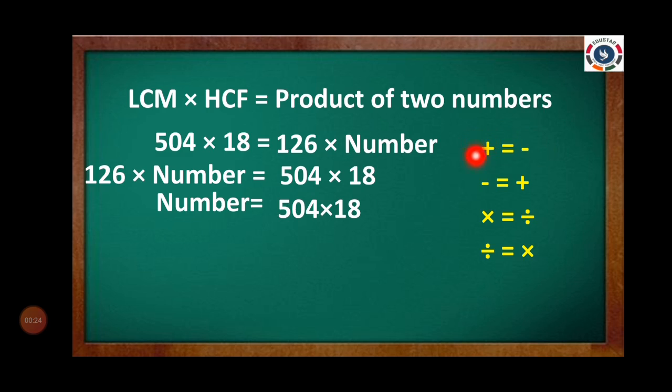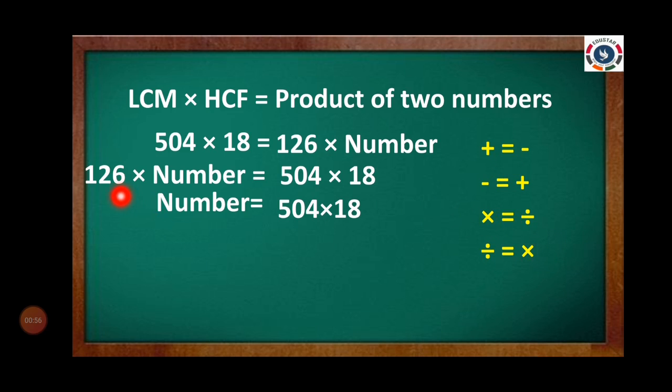For example, plus 5 is there, bring it after the equal to, it will become minus 5. And if minus 5 is there, bring that value after the equal to, it becomes plus. Suppose a value is multiplying, when you bring that value after the equal to, it will divide. Suppose one of the values is dividing, you bring that value after the equal to, it will multiply. Okay, this is the rule for that.